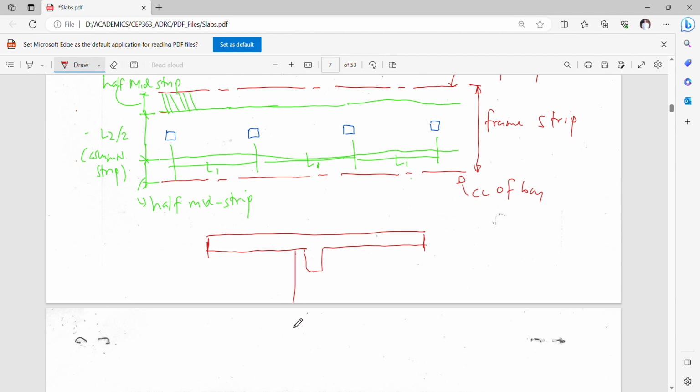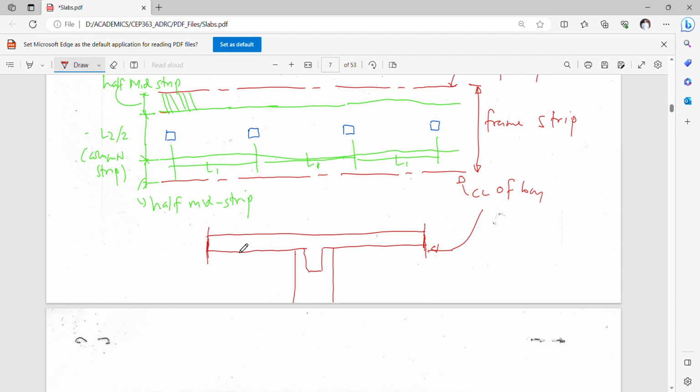This part here is the boundary of your frame strip, which is again the center line of your bay.